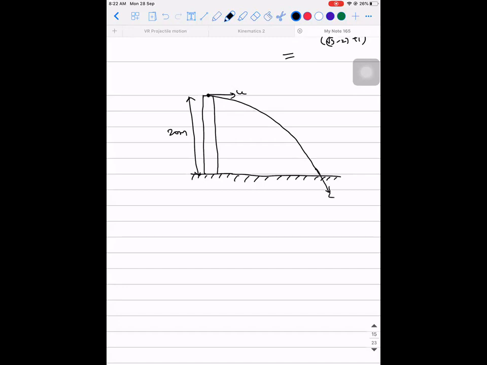Neither of the directions. It will have some random direction of velocity. What they are saying is this velocity is 3 times u. So this can be resolved into two components. What are the two components? This is Vx and this is Vy. Now tell me guys how to solve.